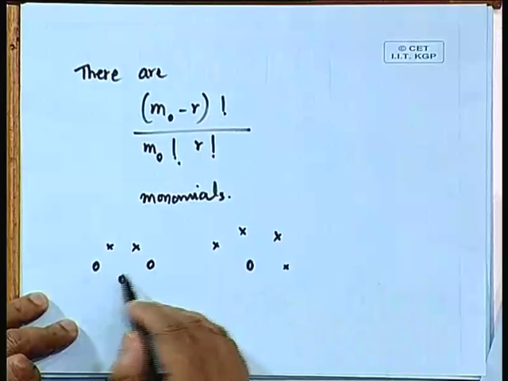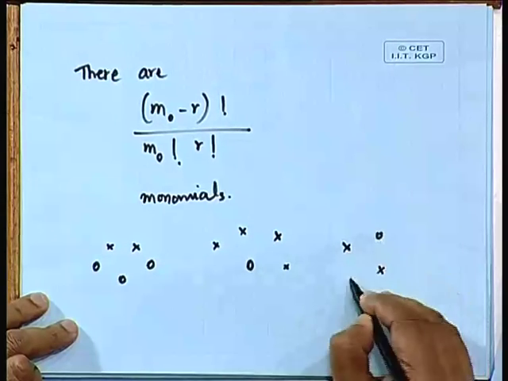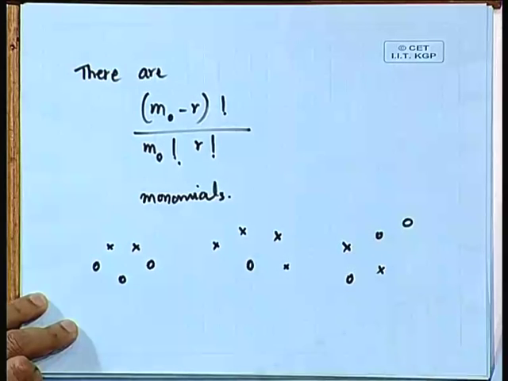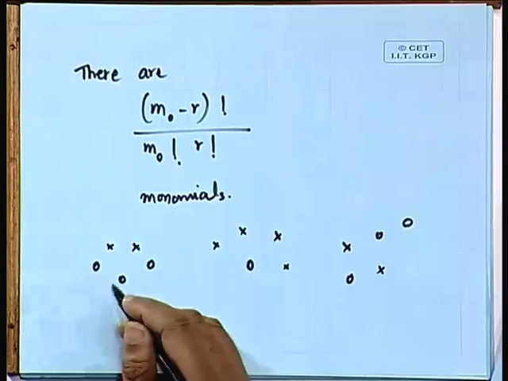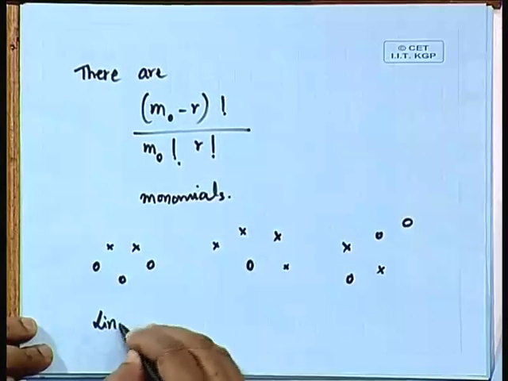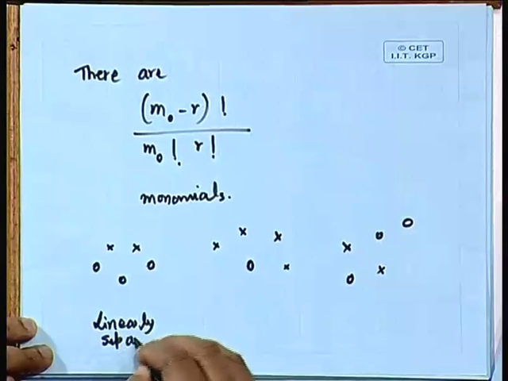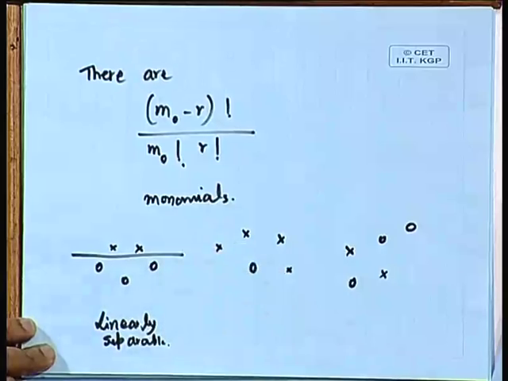Let us say this is example number 1, this is example number 2, and this one is example number 3. Here you can see that this dichotomy is linearly separable. Why? Because I can find a hyperplane that separates.